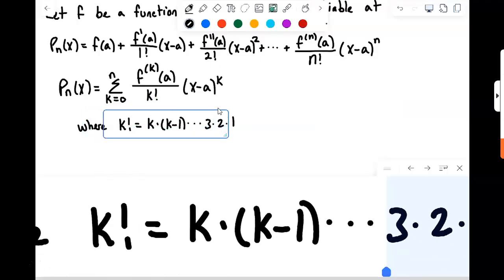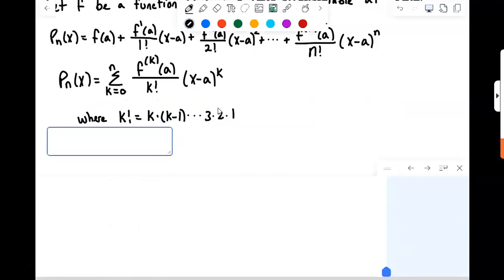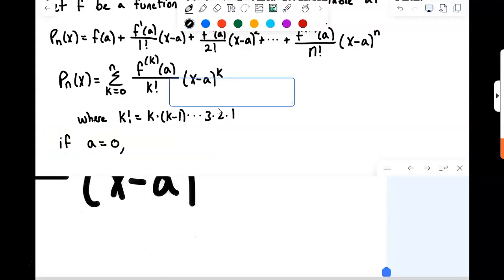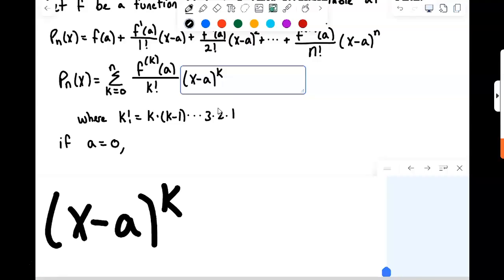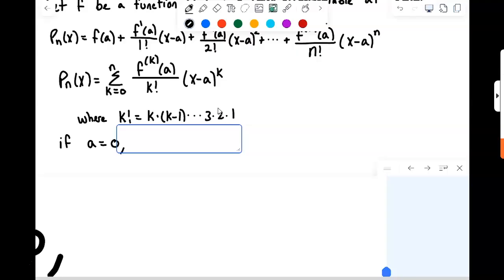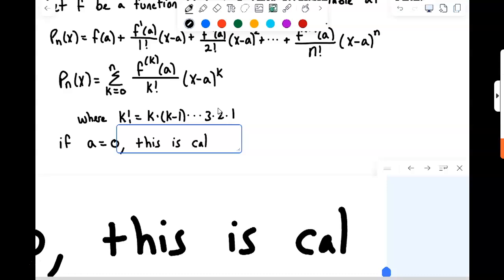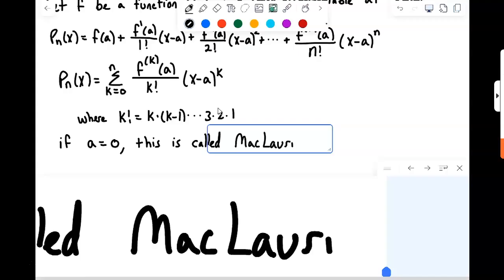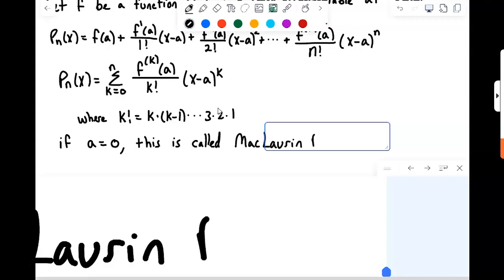Okay. Now, if a is equal to 0, so in other words, we're centering our polynomial around the point a equals 0, then this polynomial is called the Maclaurin polynomial of degree n.